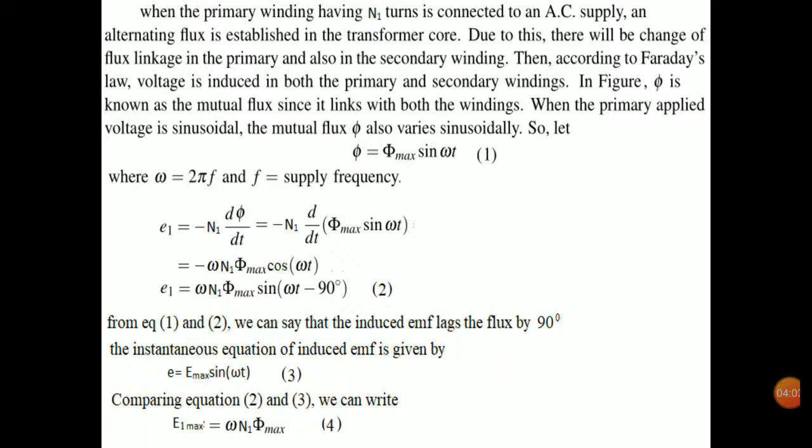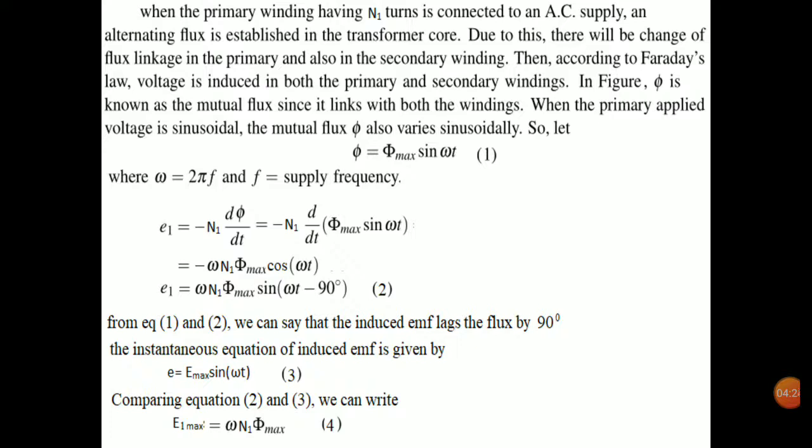Since we are considering the induced EMF of the primary, I am going to write it as E1 max. And the coefficient in equation number 2, the coefficient of sin of omega t minus 90, is omega N1 phi max. So E1 max is equal to omega N1 phi max.